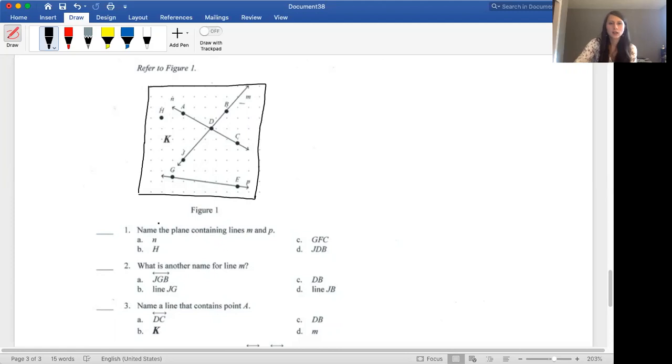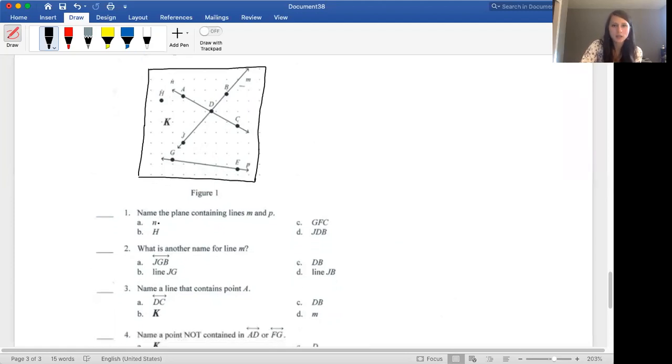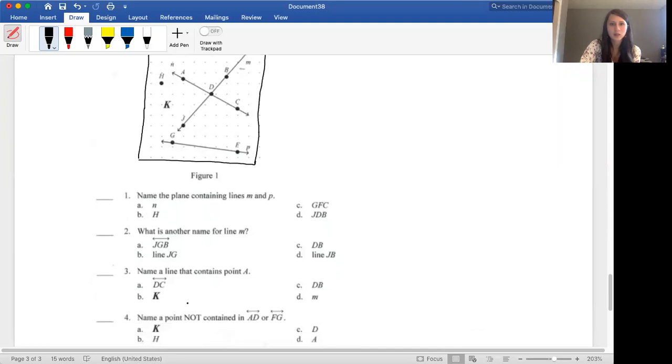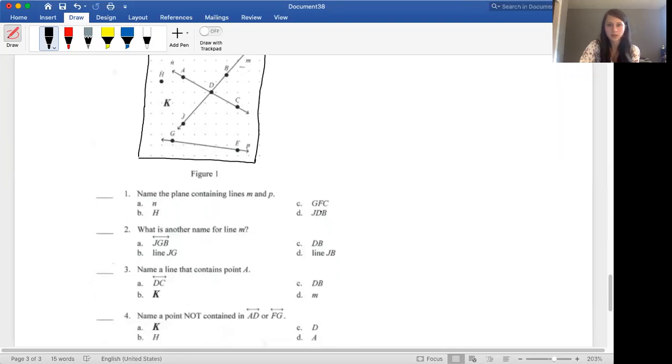I'm going to let you take a look at this, see if you can do some of these problems, and then we will go over the answers together. If you want to pause this and work out these 4 problems before I explain how we're going to do it, go ahead, because that's a great way to test how well you know this material.